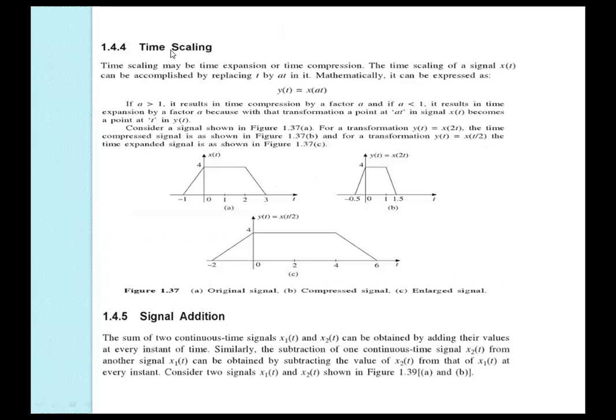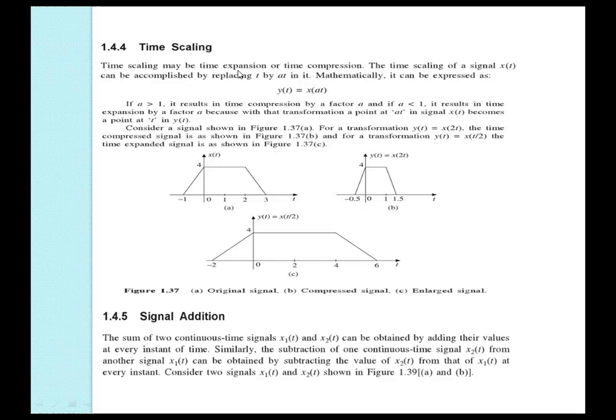Next, time scaling. Here we are scaling the time only, not the amplitude. There is no change in the amplitude, the change is only in the frequency or the time period. The time scaling may be time expansion or compression.